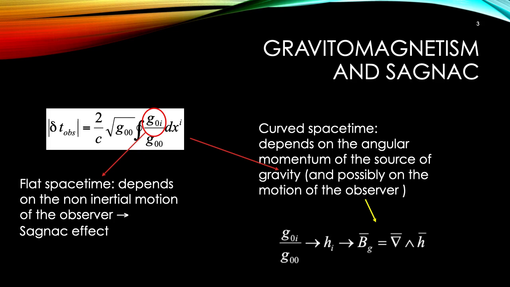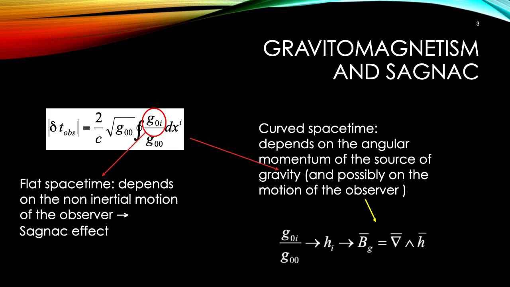But if we are in a curved space-time, besides what I have mentioned now, we also have a contribution from the angular momentum of the source of gravity. In both cases, we say that this is a Sagnac effect. In the first case, it is a kinematic Sagnac effect.